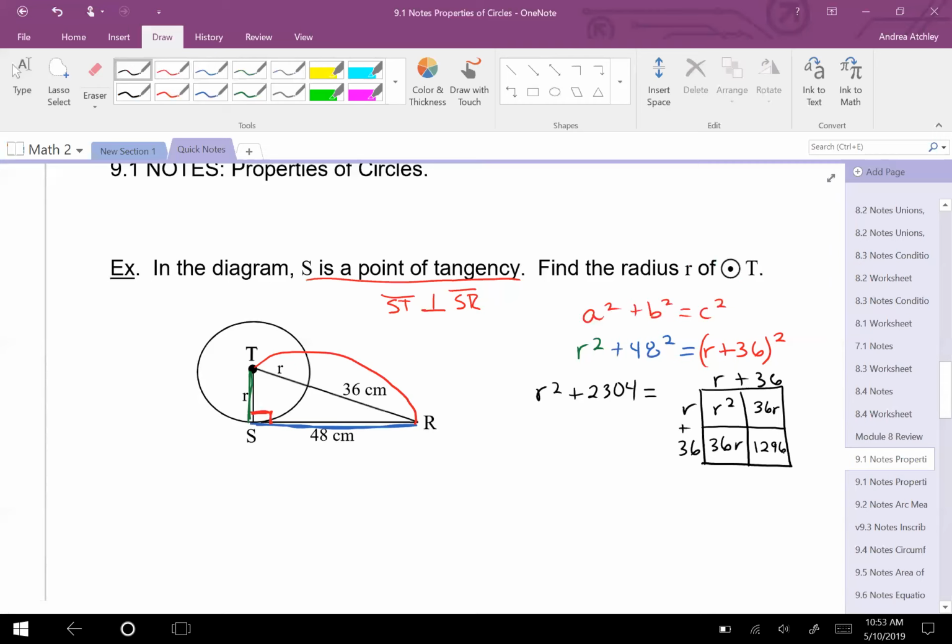Okay, then we combine our like terms. So we'll still have r squared plus 2,304 is going to equal what's inside the box. R squared. Then 36r plus 36r, because those are like terms. Very good. Is 72 r's. Plus 1,296.